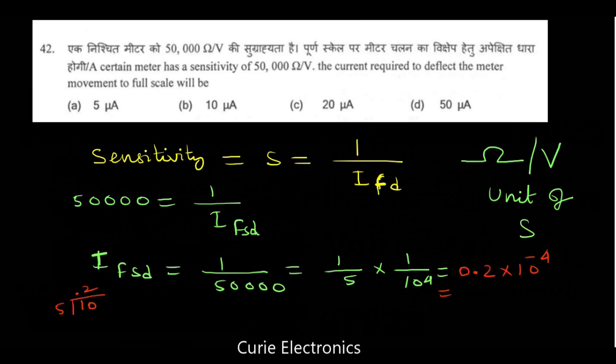We know 10 to the power minus 6 is microamps, so we multiply and divide 0.2 by 100.